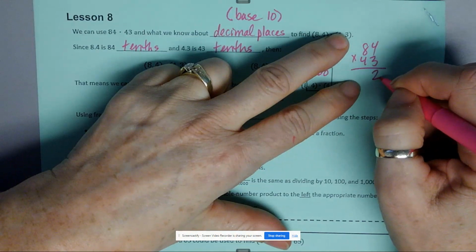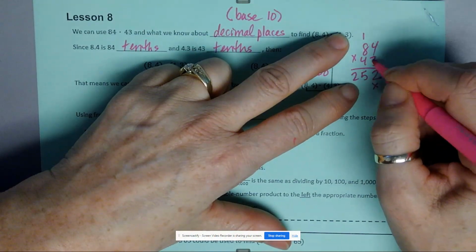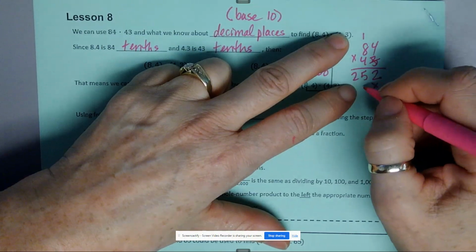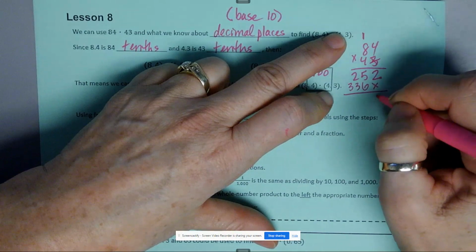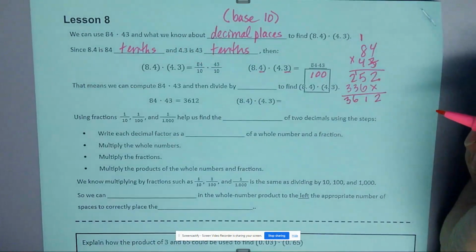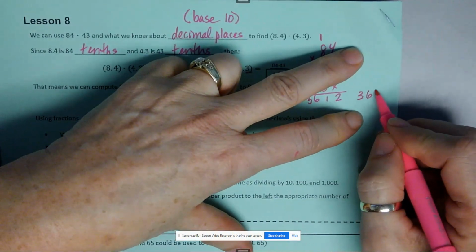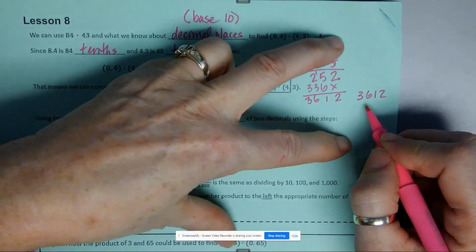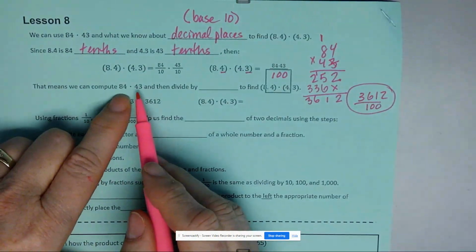So 12, carry 2, 4, 25. I'm done with the 3. 16, carry a 1, 32, 33, 2, 11, 5, 6, 3. So it'd be 3,612 over 100. Let's see if we're right.